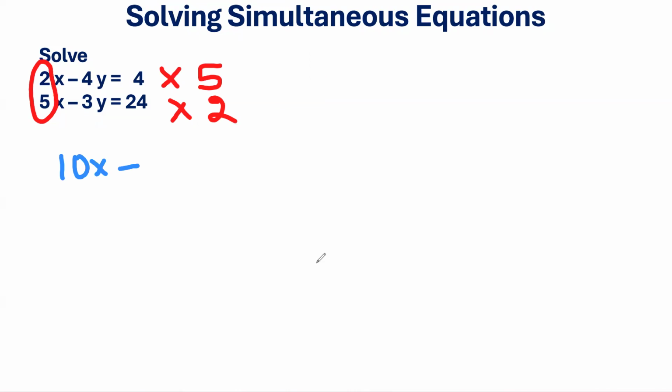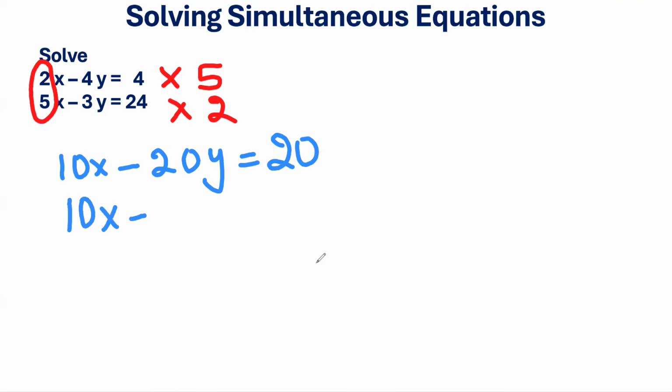And 5 multiplied by 4 is 20. And 5 multiplied by 4 is 20. Now 2 multiplied by 5 is 10. 2 multiplied by 3 is 6. And 2 multiplied by 24 is 48. And 2 multiplied by 2 is 4.